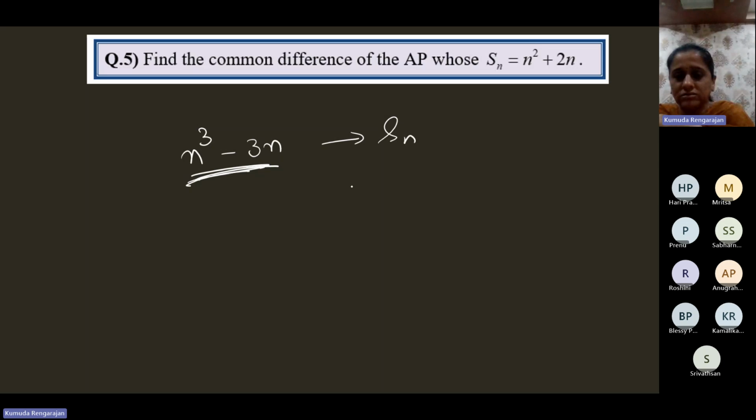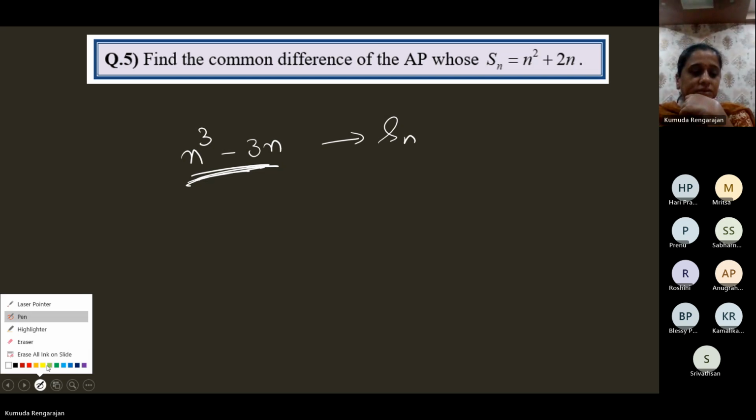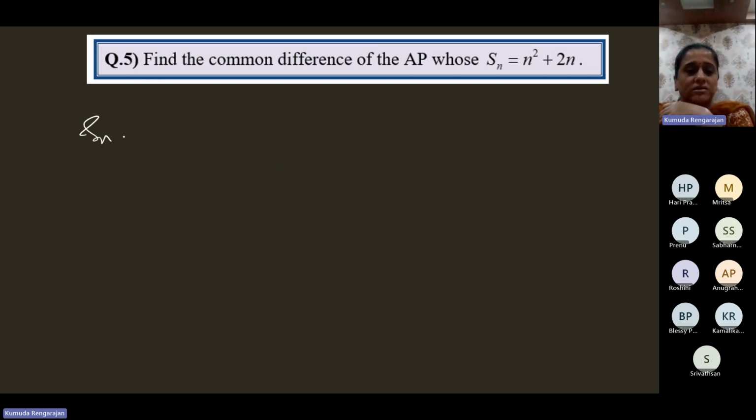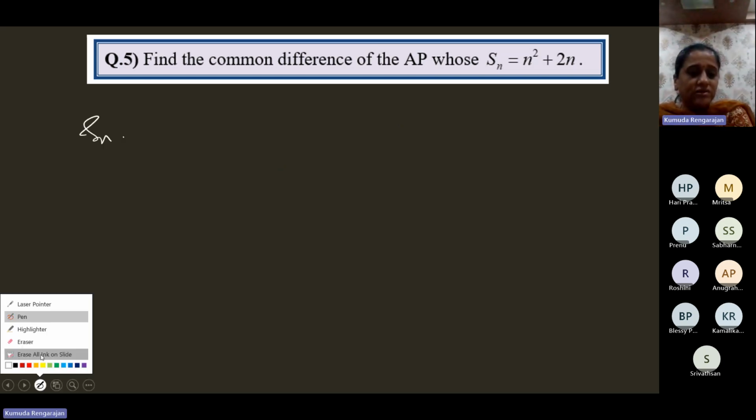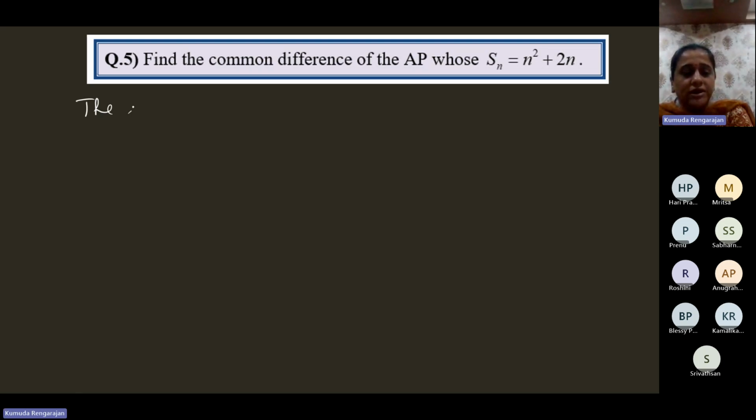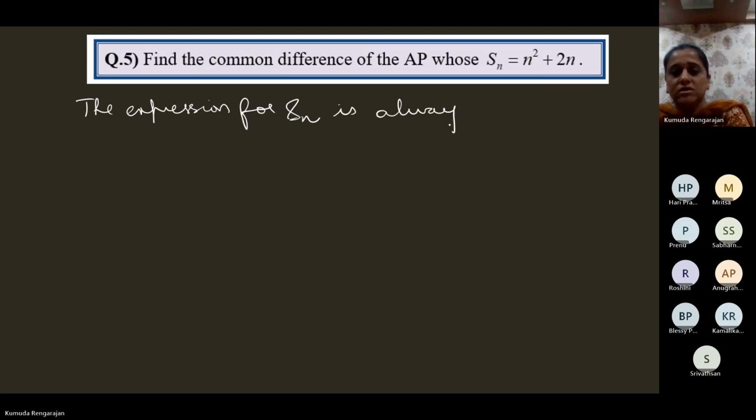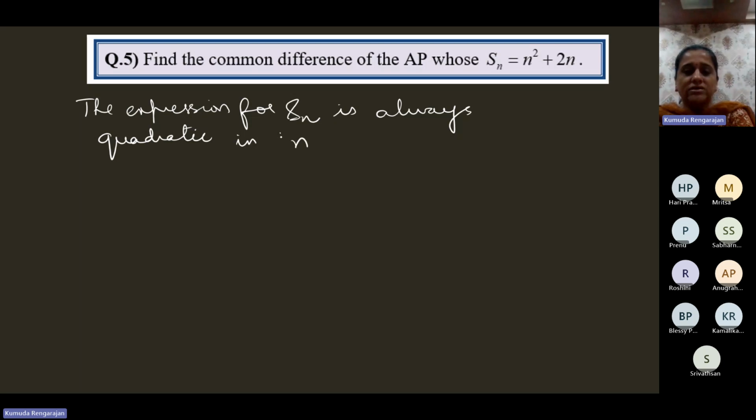Forgotten the theory, children? Okay. The expression for Sn is always quadratic in the variable n. n is the variable there, right?